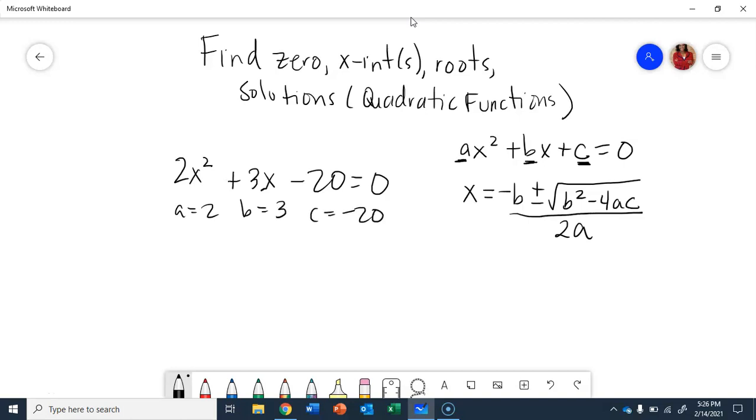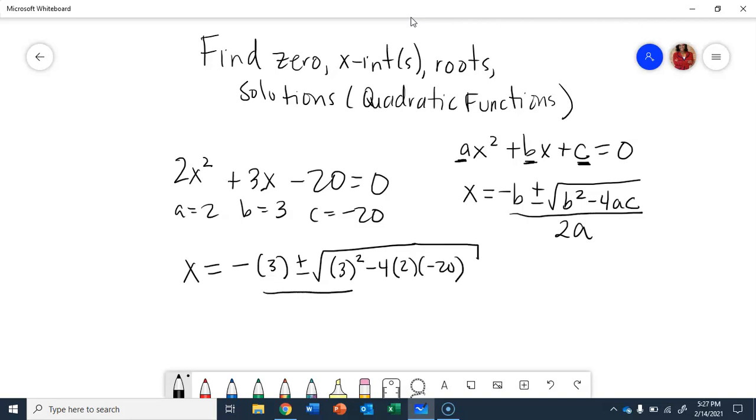All right, so we're going to respectively plug the values into the formula. x is equal to negative, the b value is 3, plus minus the square root of b squared, which is 3 squared, minus 4, a is 2, c is negative 20, close it. Again, I'm using parentheses just to show the substitution, and then 2 times a, which is 2.